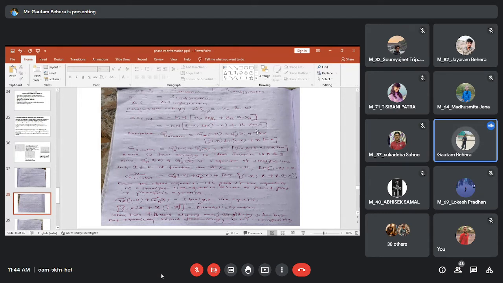So you can further simplify this equation, and you can finally see the free energy of the solution is G naught A (1 minus X) plus G naught B X plus T k_B [(1 minus X) ln (1 minus X) plus X ln X]. This is the final expression of the free energy of solution.